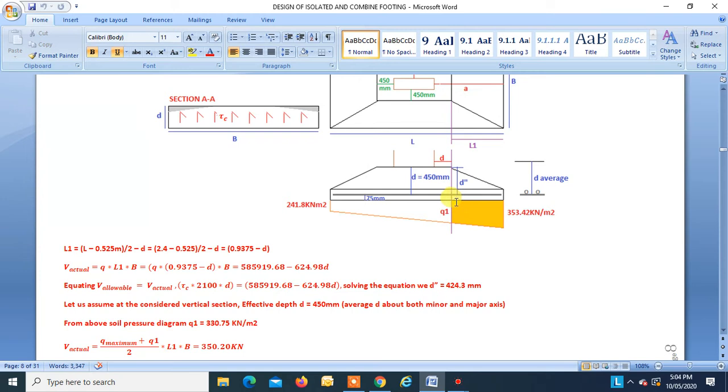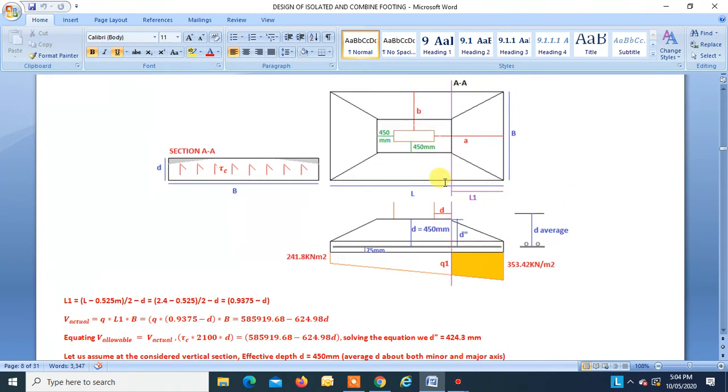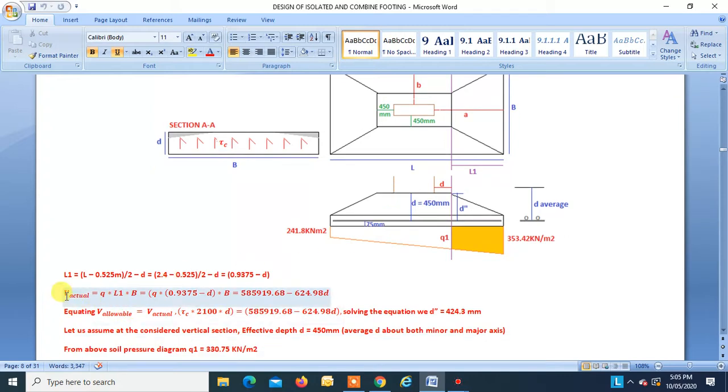As we have taken this as average, now it becomes easy. Q into L1 into B is the area which we have to consider, and we have to find the shear force under this area. So this area into Q average will give us the force, that is V actual.